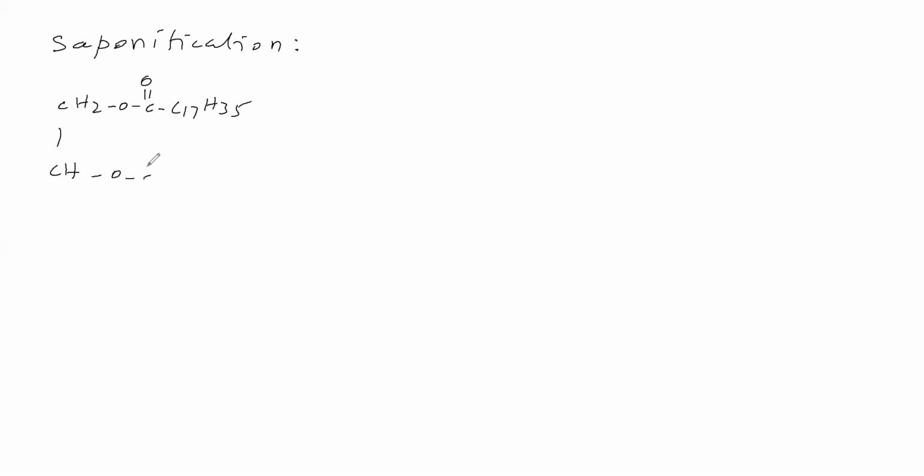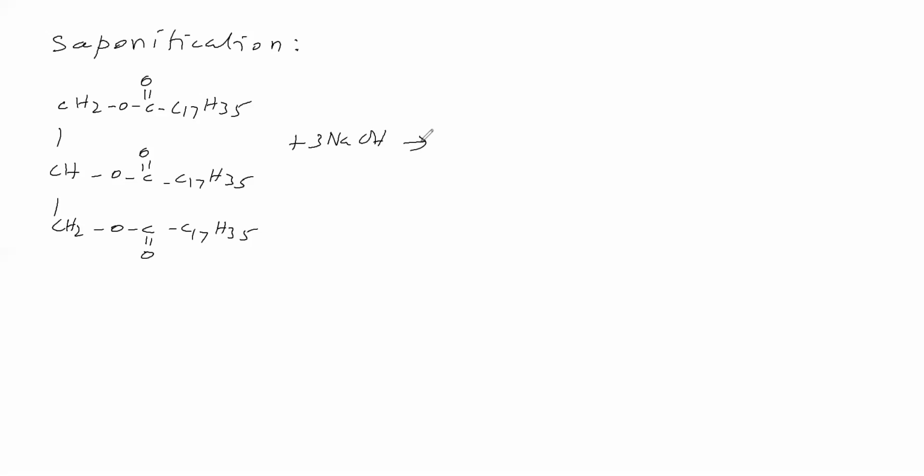Here also ester. C17H35. Here we can say CH2O, CO, C17H35. This is an ester. It is undergoing basic hydrolysis.